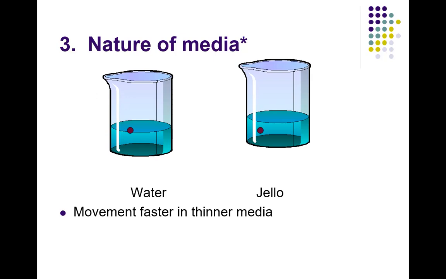Solids are the thickest, they have the most structure to them, and then your semi-solids, like your agar. Water is thinner than a semi-solid, and then air is much thinner than even the water. So if we looked at our little crystals, we had the crystal, we had the potassium permanganate.